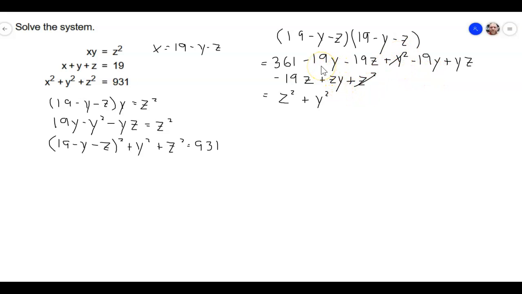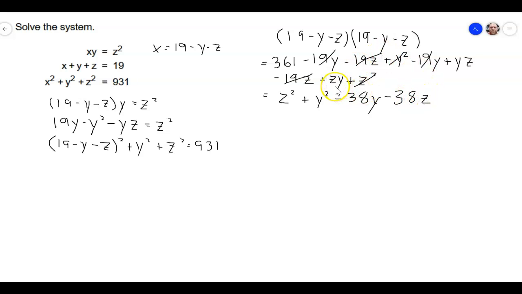And I have a minus 19y here and a minus 19y there. So that's minus 38y. Alright, get rid of those. I have a minus 19z and a minus 19z, so minus 38z. Alright, so let's get rid of those.